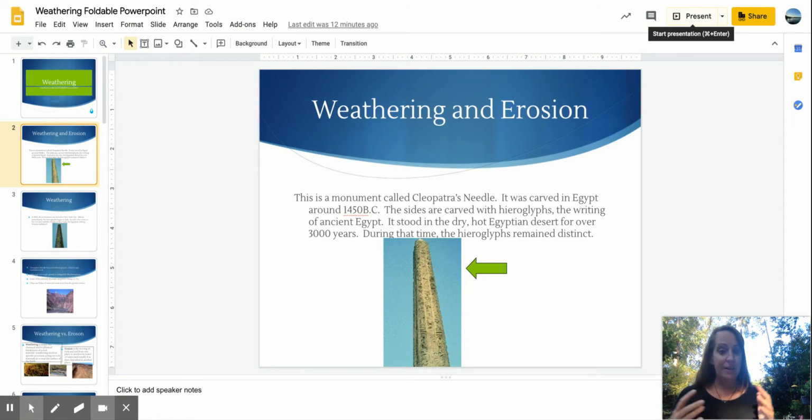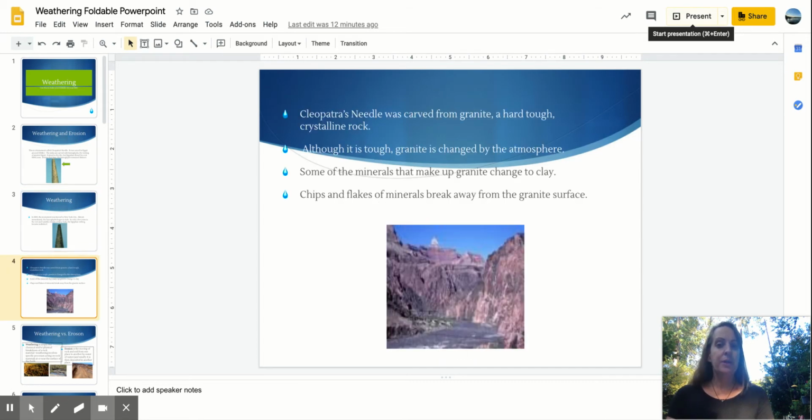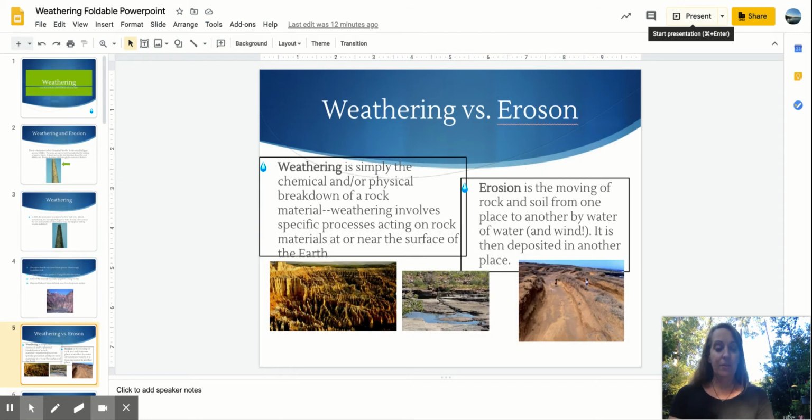Those have survived since, but they don't quite look the same. So one of those came over to New York in 1800, and now you can hardly even see the hieroglyphics. That is due to weathering, and that's mainly physical, but also a little bit of chemical as well with acid rain.